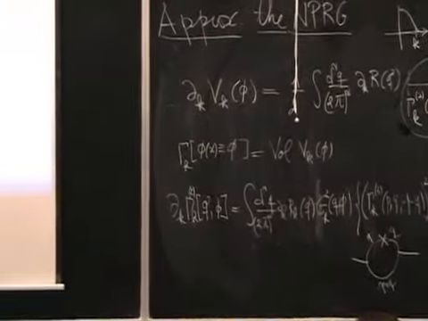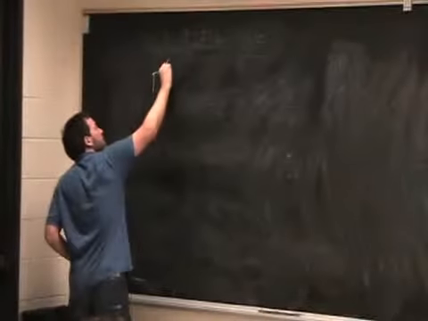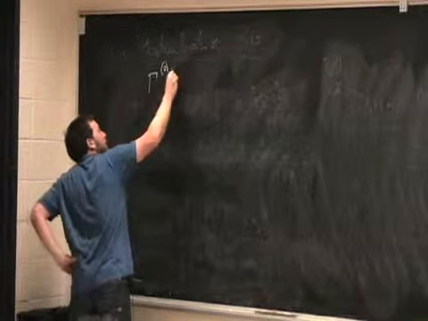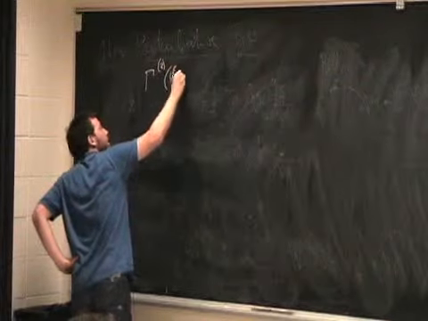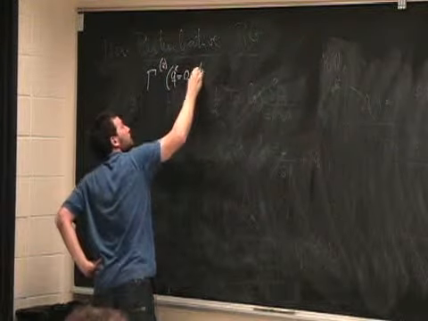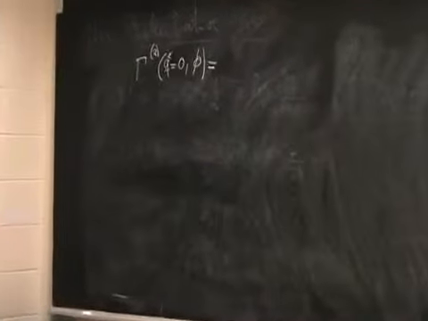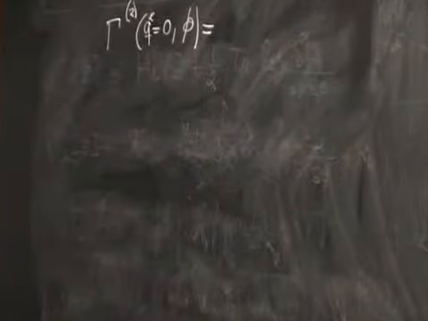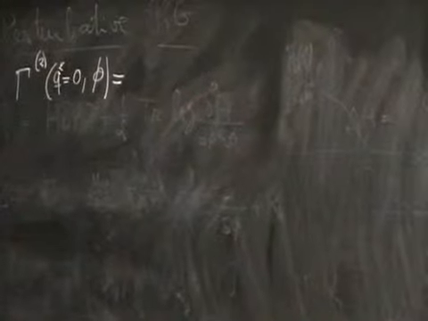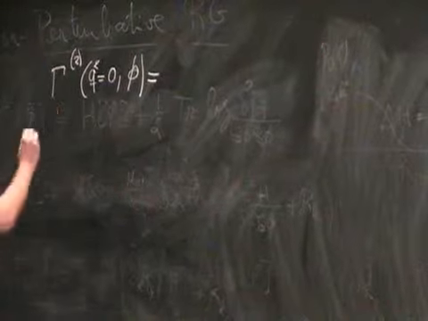And at zero momenta, we have very good news. Gamma 2, when q squared is 0, what is it? Gamma 2 at zero momenta. Gamma 2k.